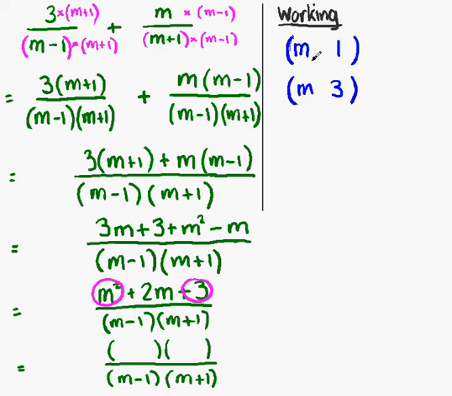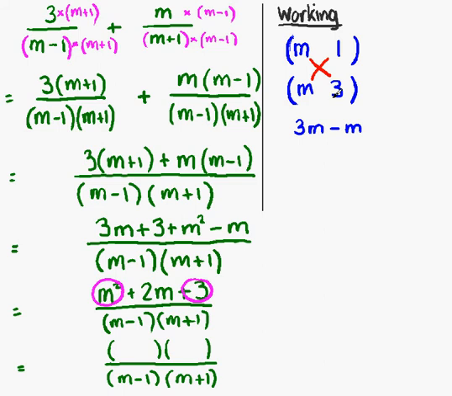Using the cross technique we had before, m times 3 gives us 3m, and m times 1 gives us m. Can we combine these to give us plus 2m? We can, if we put a negative sign in front of this m. So remember, we got this m by doing m times 1.